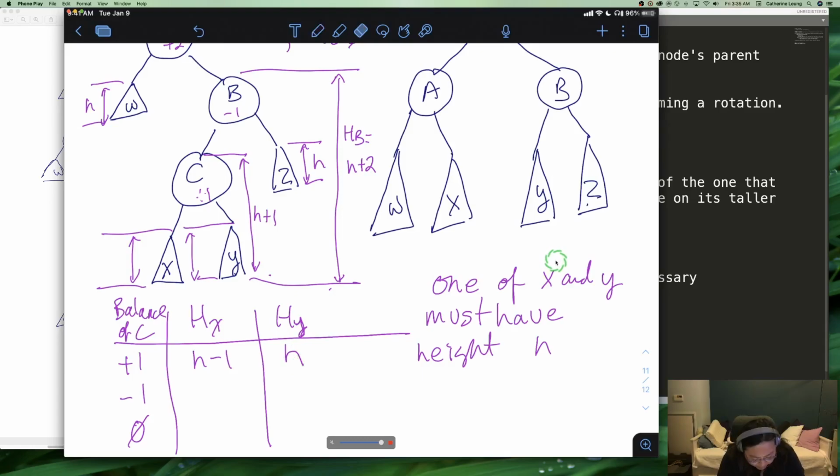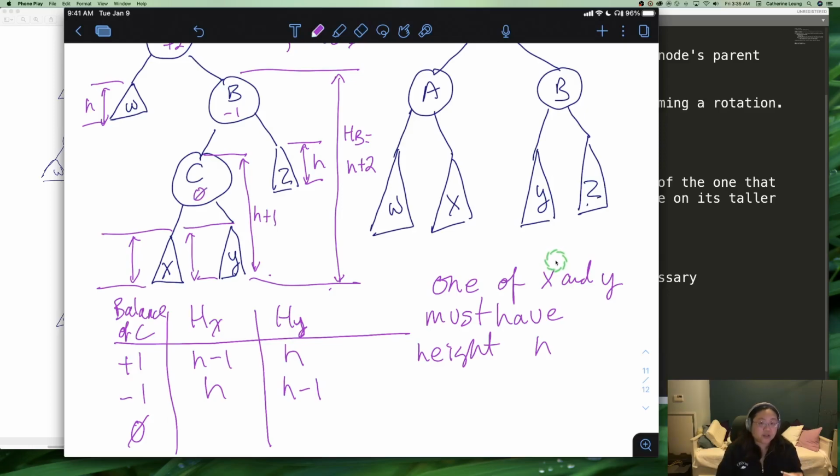So we can't do that. Now, what if this was minus 1? Well, if it's minus 1, then the height of X is h, but the height of Y will be h minus 1, to make it correct with both balances and height. Now, what if C has a balance of 0?